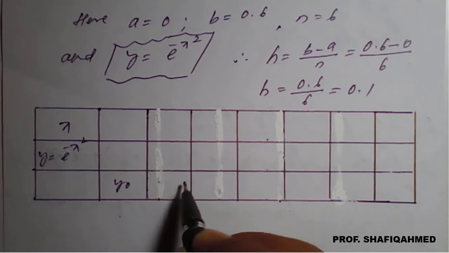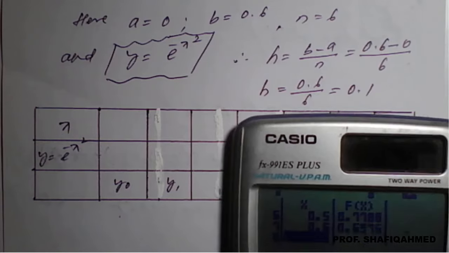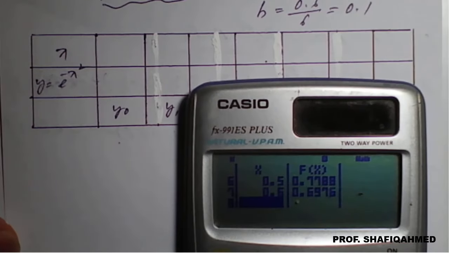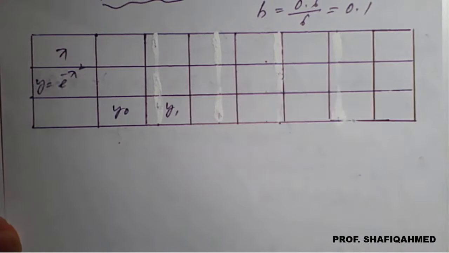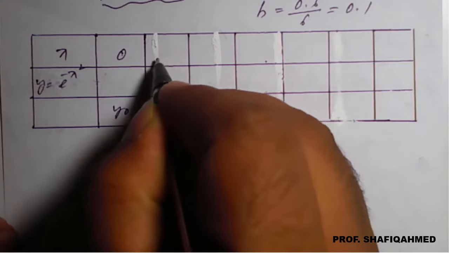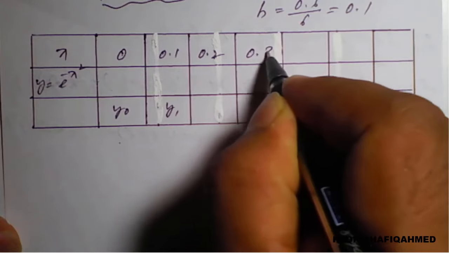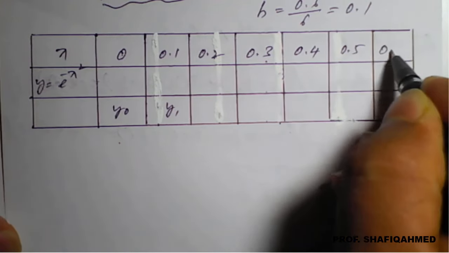So this is y0, y1, and so on. First I will take the values from the calculator and enter them. The x values are 0, 0.1, 0.2 till 0.6.